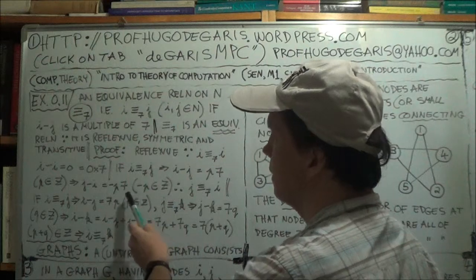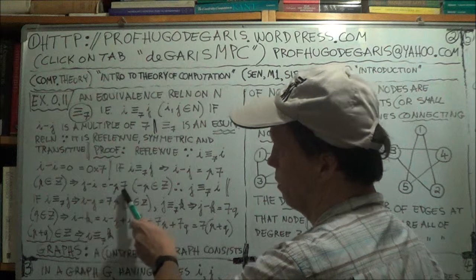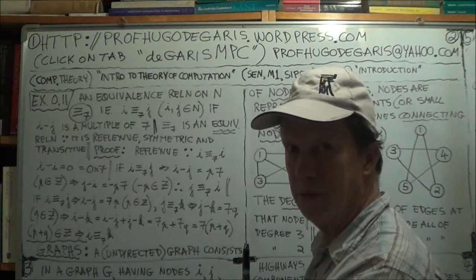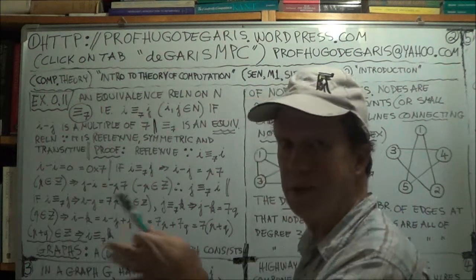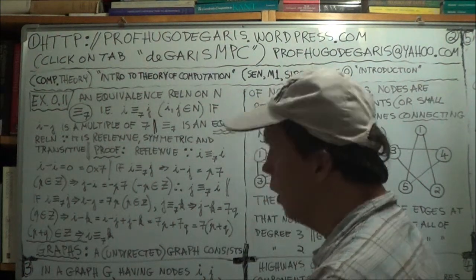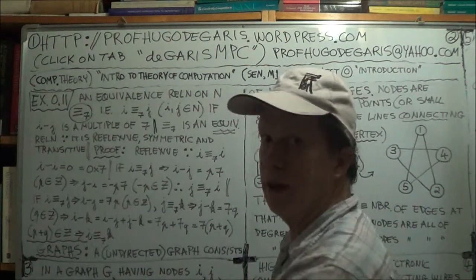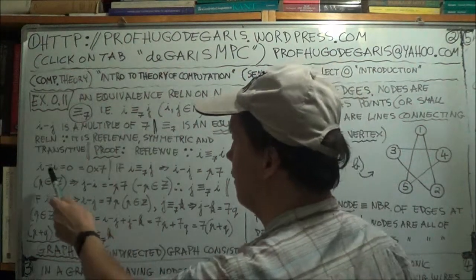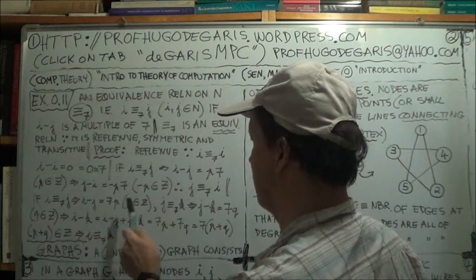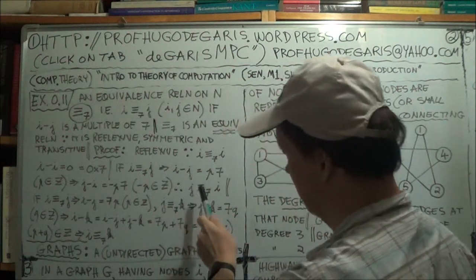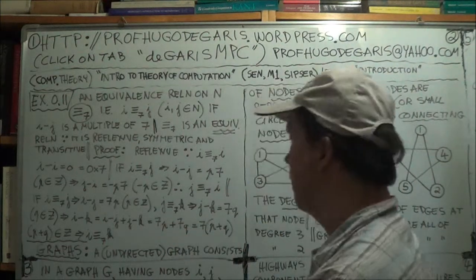So that means that j minus i is also divisible by 7. You can divide 7 into this with 0 remainder. Well, so that means that j R i. So if i R j, then j R i. Okay, so it's symmetric.